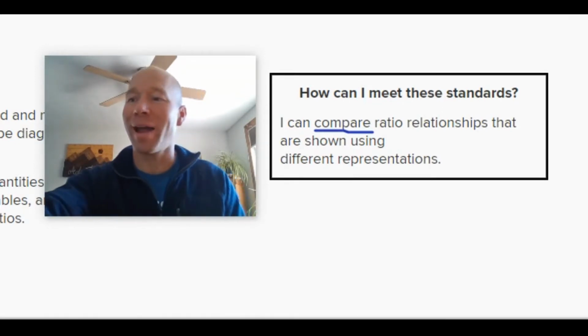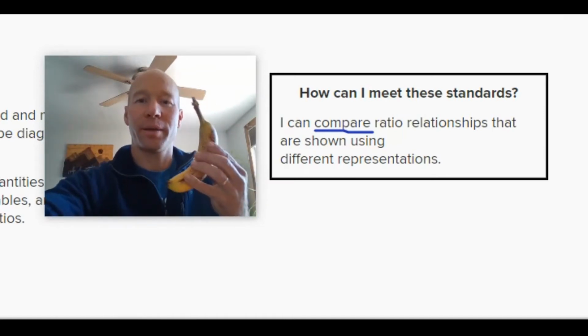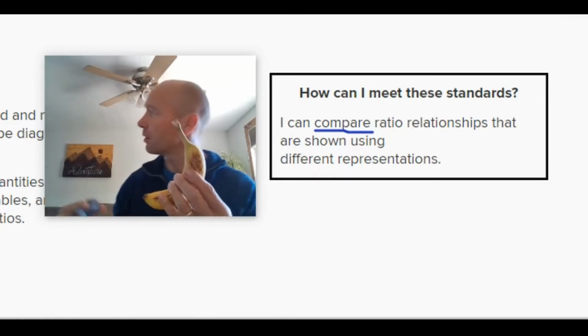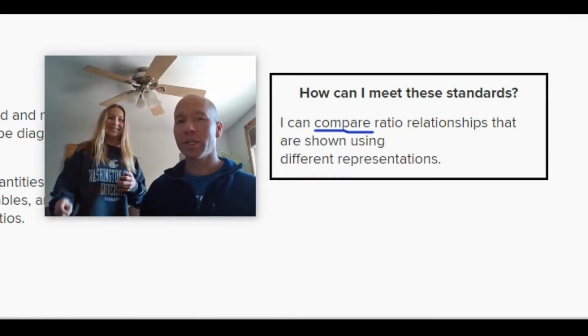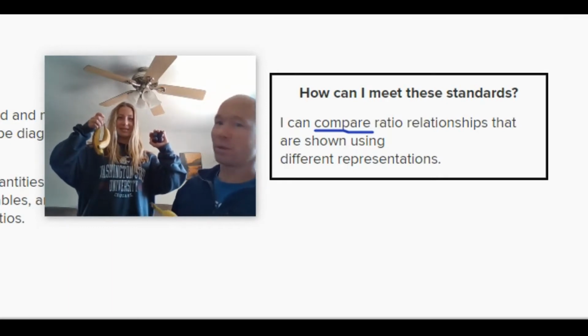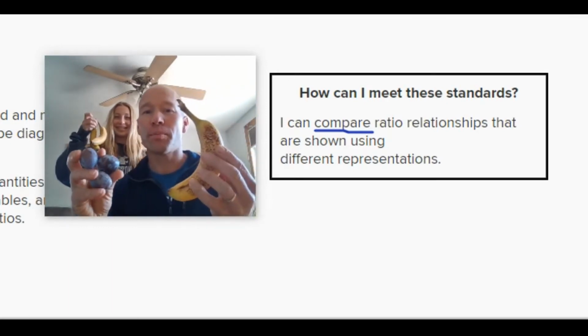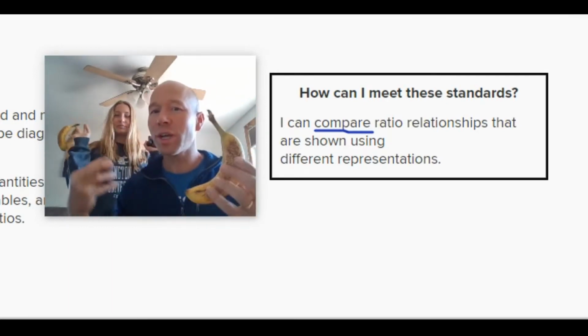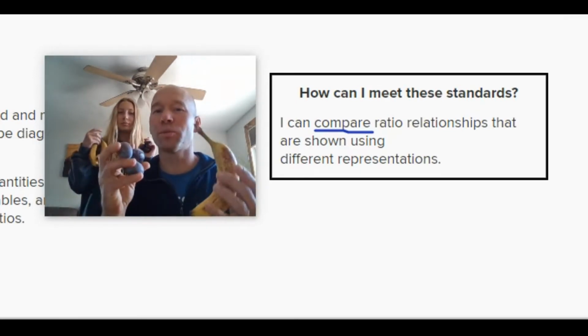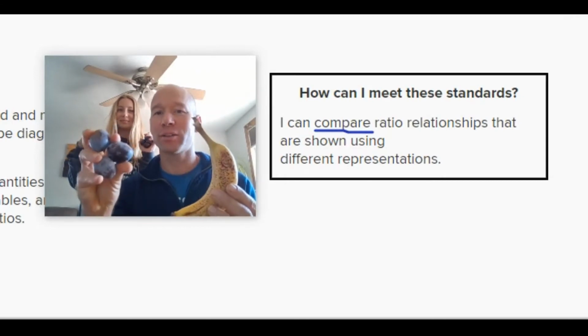So let's say I have one banana and 3 plums. And my daughter, come on over here, Erica. She has 2 bananas and how many plums? 4 plums. Okay. So she has more plums than I have. But let's think about the ratio of bananas to plums.